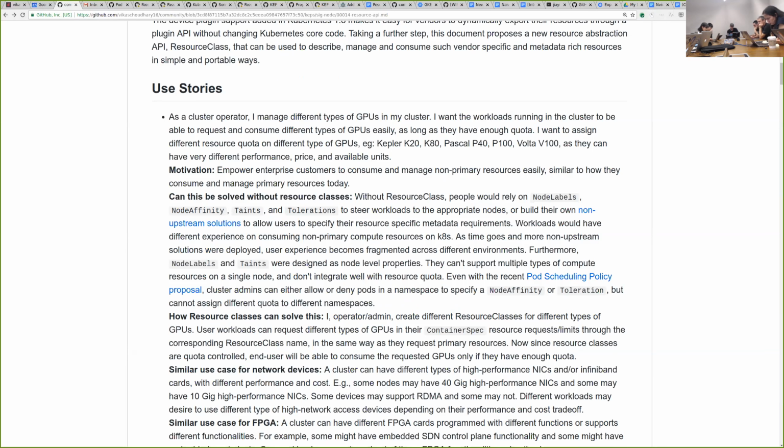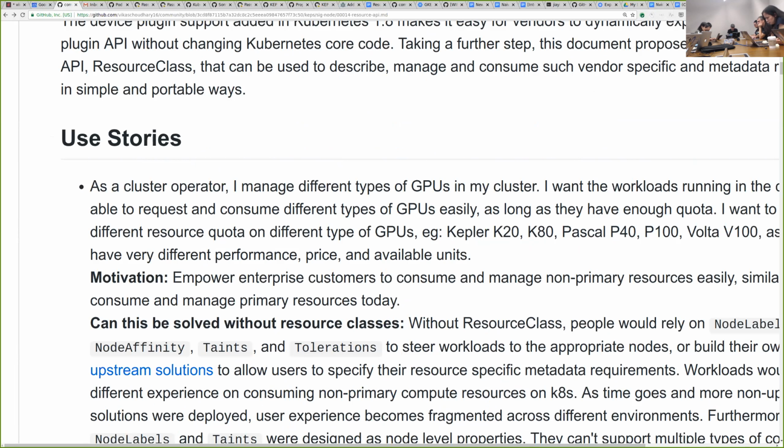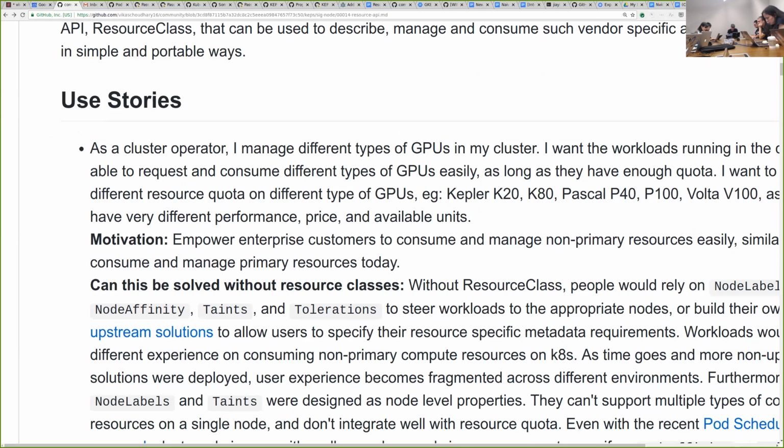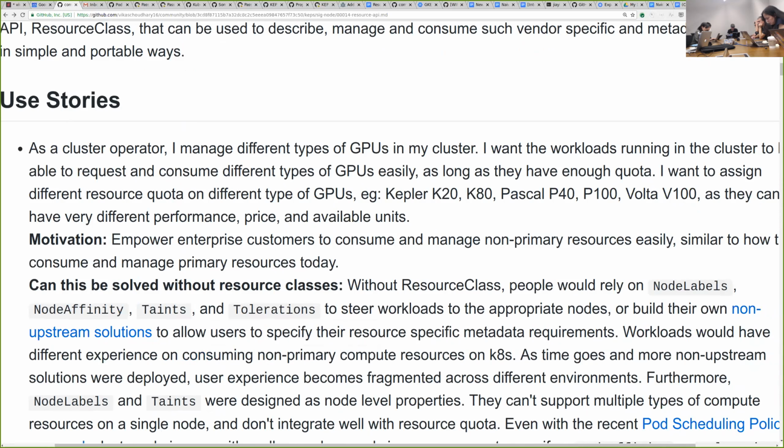Some of the user stories we have heard from the community, especially from the resource management work group, include: currently, one use case we want to enable is to allow people to manage non-primary resources more easily and consume them in consistent ways as they consume primary resources like CPU and memory today.